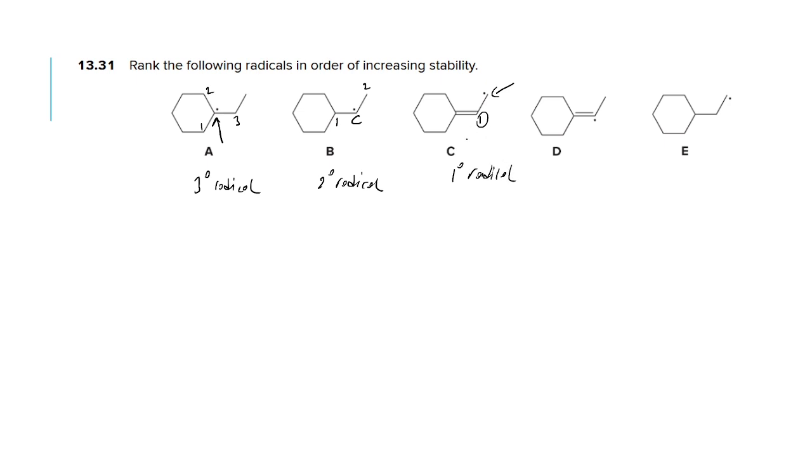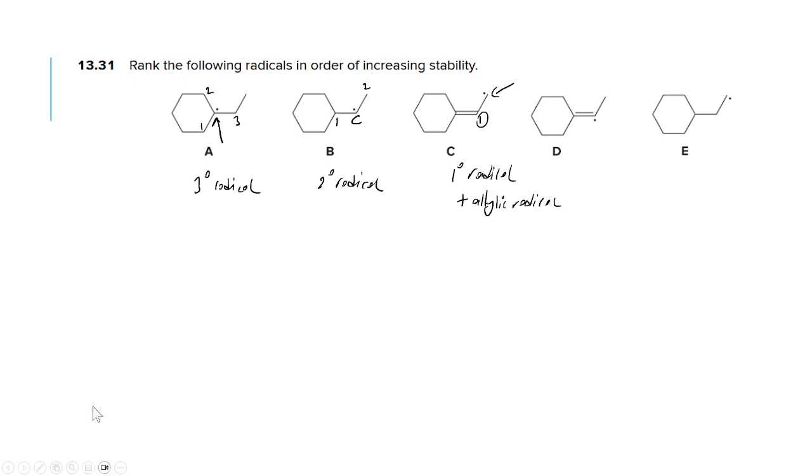But when we analyze the next neighboring bond, it's a pi bond, so this is a primary radical plus an allylic radical. So what do we mean by allylic radical?